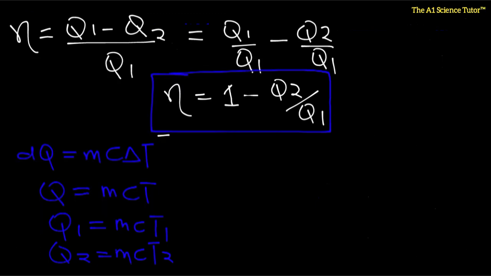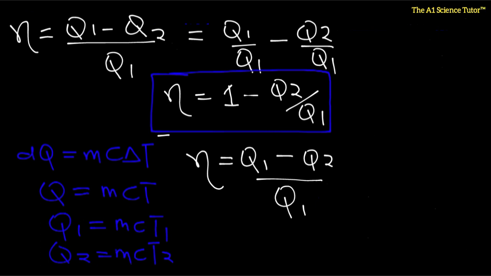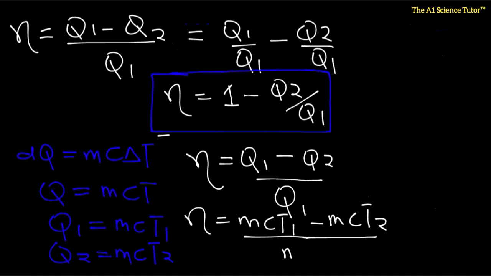Now, we already said that the efficiency of a machine is Q1 minus Q2, and that is divided by Q1, right? So we know that Q1 is the same thing as mcT1, and this will be minus mcT2, and this is divided by mcT1.